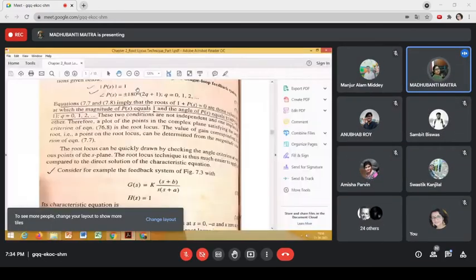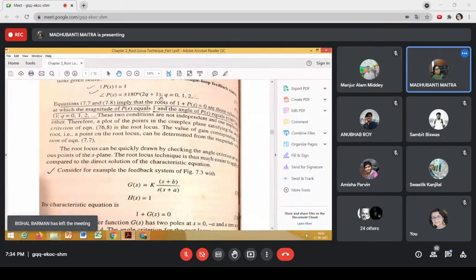Which the angle criterion is satisfied. In other words, the root locus will pass through the points on the s-plane at which this angle criterion is satisfied.